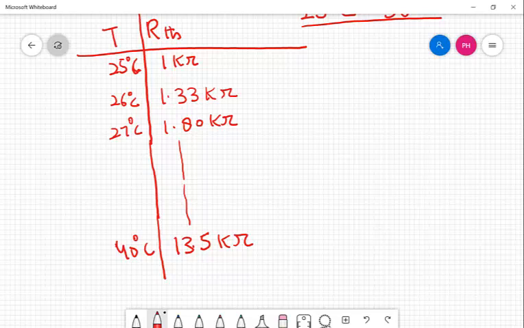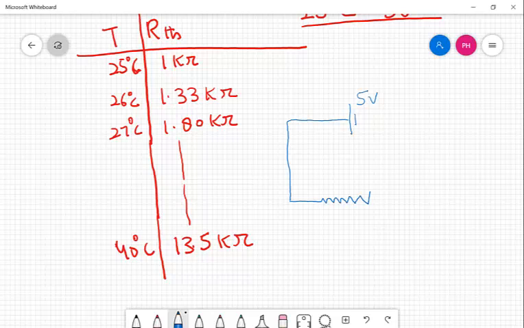So let's try to design a simple signal conditioning block. We have a 5-volt source, and to this 5-volt source we connect two resistances in series.